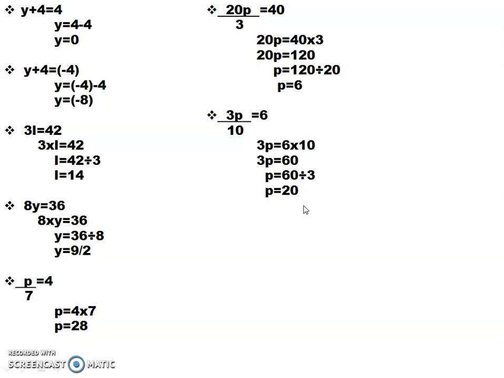Now let us conclude this session. Here today we dealt with the solution of an equation. How to solve an equation? The method we used is known as transposing.